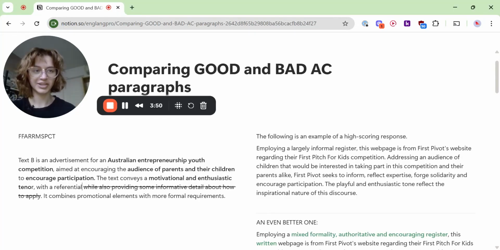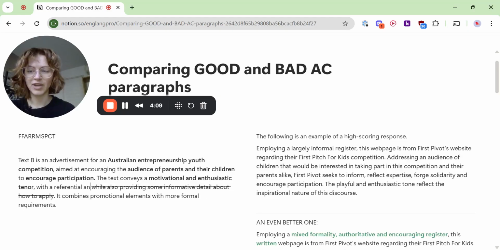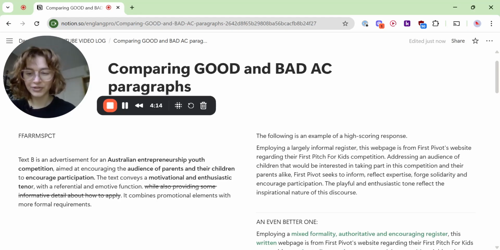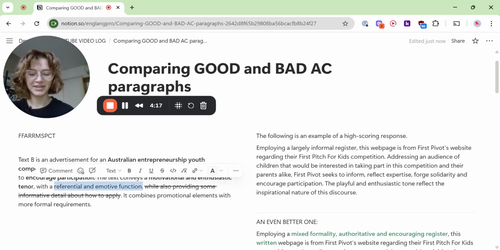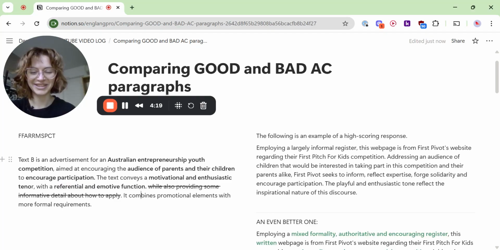Referential function is one of Jakobson's functions that describes providing informative detail, and there's probably also a little bit of emotive function in there, so we could consider putting a referential and emotive function. It combines promotional elements, let me bold that because that's one of our F's in FARMS SPCT. It combines promotional elements with more formal requirements, which is quite nice.